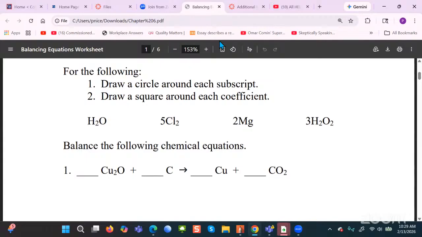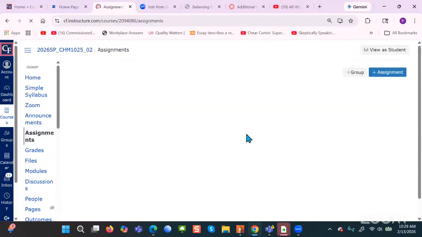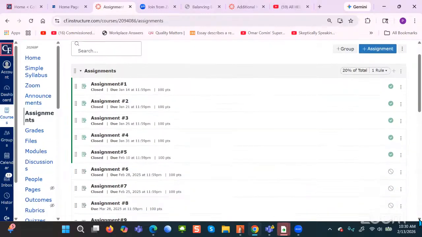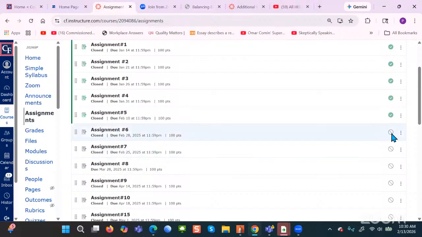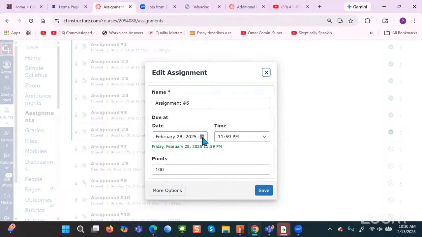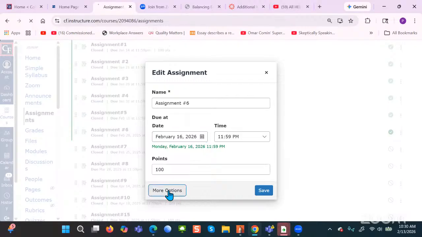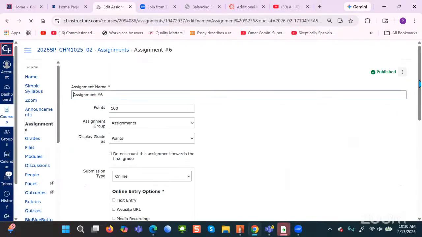What I'm going to do right now is set up a Dropbox for submission of this assignment. So let me do that right now. This is assignment 6. Today is the 13th. I am going to set the deadline for the 16th.